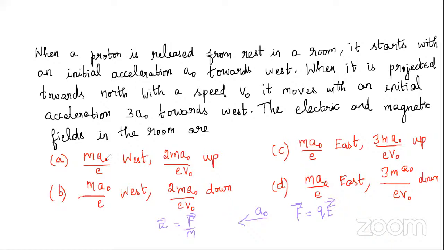When you have the magnetic field simultaneously, you will be getting this 3 a naught towards west. That means the force should be, let me write in the other slide, Q into E plus v cross B.